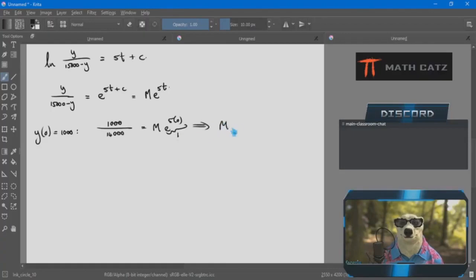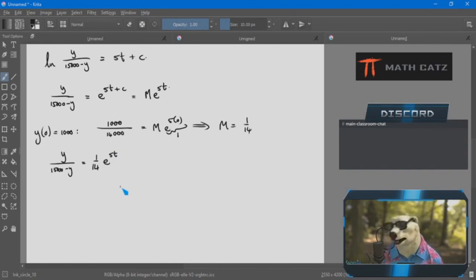And I get m is 1 over 14. Perhaps not the most convenient, but there it is. We tend to have some fractions, and I don't want to write them as decimals because they are non-terminating decimals. But if you want to write them in decimal form, go right ahead.